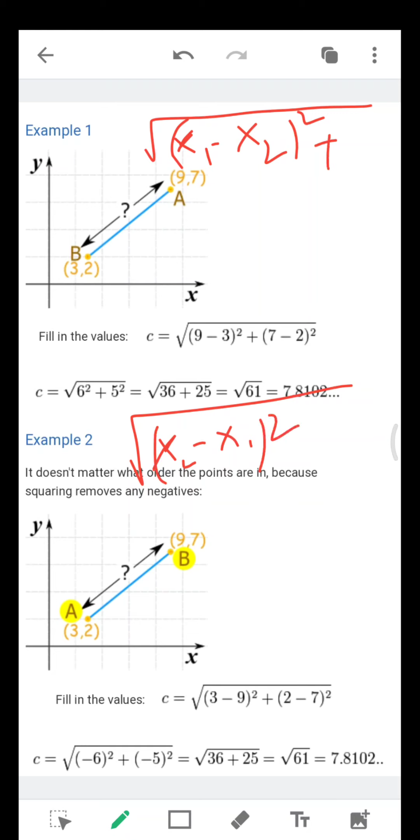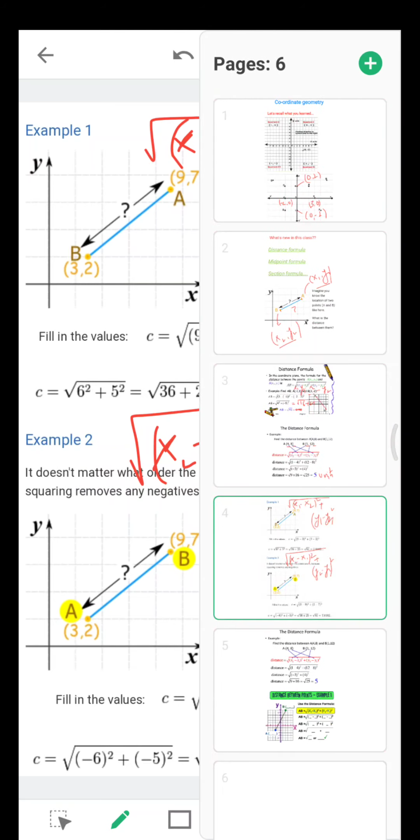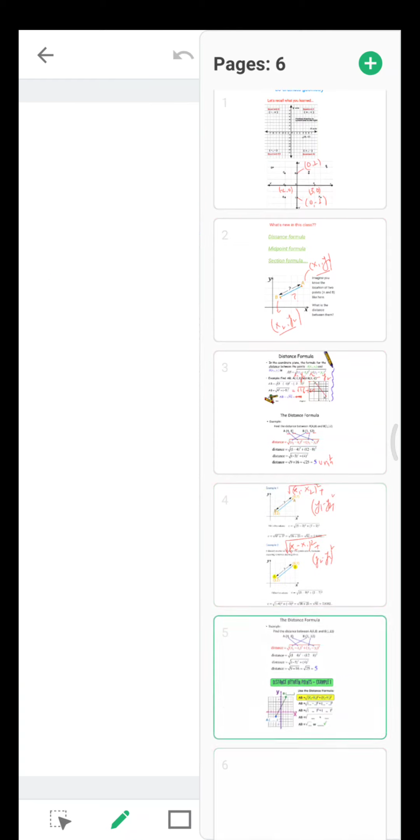Same for y1 minus y2, he can write that and you can write y2 minus y1. That doesn't matter, okay? There are two ways in which we can write the formula, because we are squaring it.